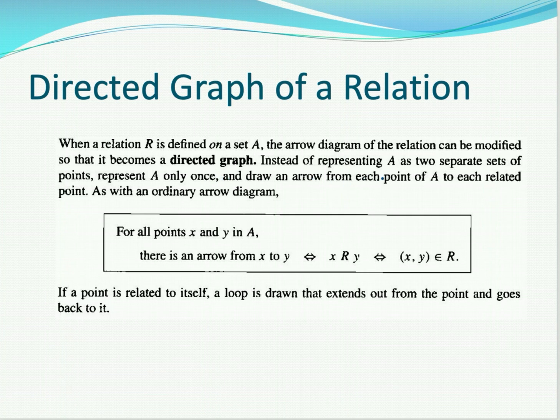Instead of representing A as two separate sets of points, represent A only once and draw an arrow from each point of A to each related point, as with an ordinary arrow diagram. So for all points X and Y in A, there is an arrow from X to Y if and only if X is related to Y. Hence, this pair XY is in R. If a point is related to itself, a loop is drawn that extends out from the point and goes back to it.